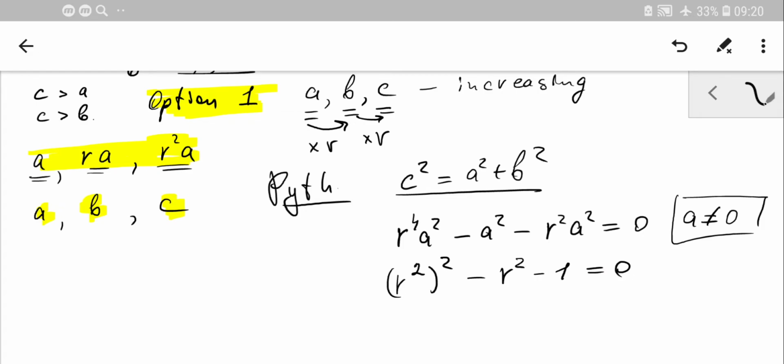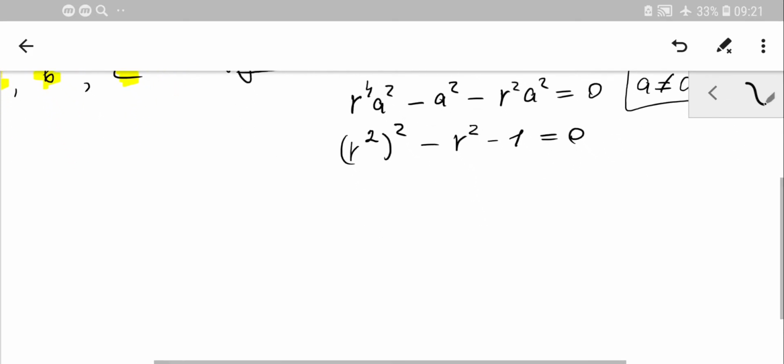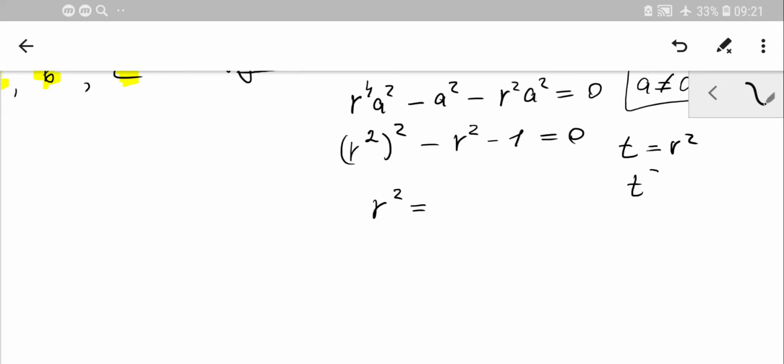That's what we have. Okay, and this is the right time to solve this equation. Let's put the value r squared. It's basically biquadratic, so we can change t as r squared. So we can write t squared minus t minus 1 equals 0, and find t, but I mentally try to find r squared instead of t.